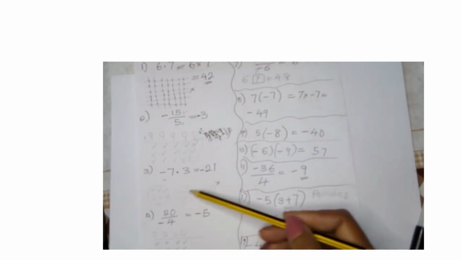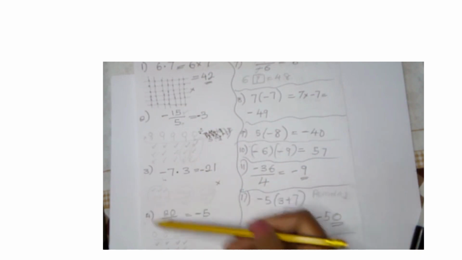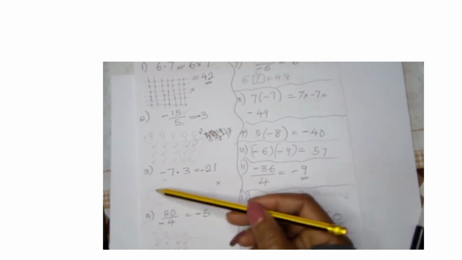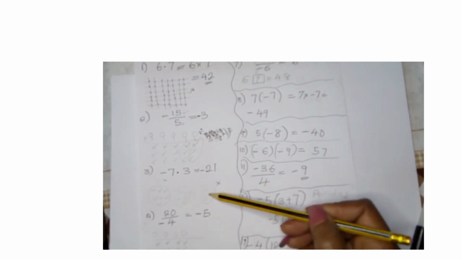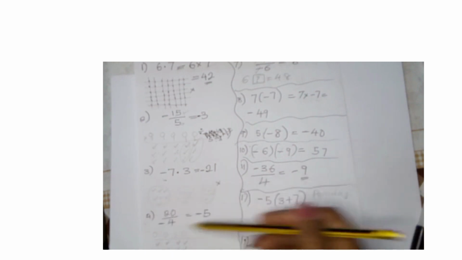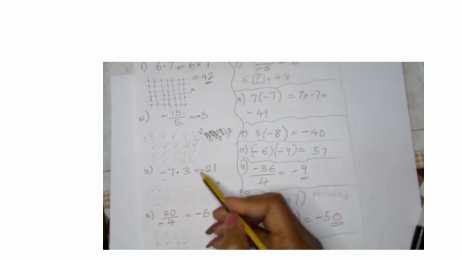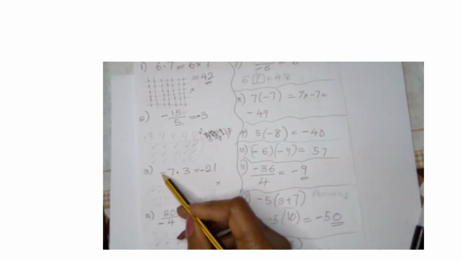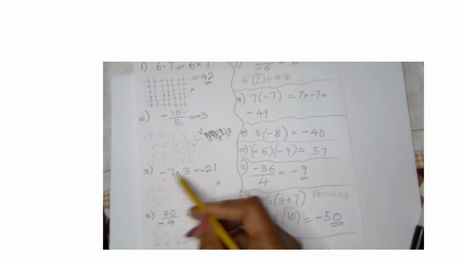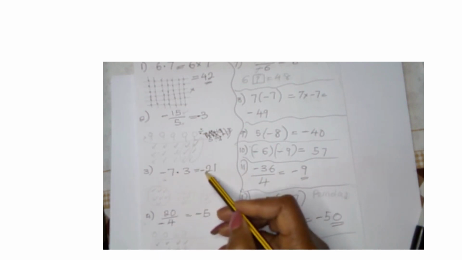Then you add them together, and you get 21. Don't forget the negative sign. Remember, if any one of the numbers has a negative, the answer will be negative, same as division.